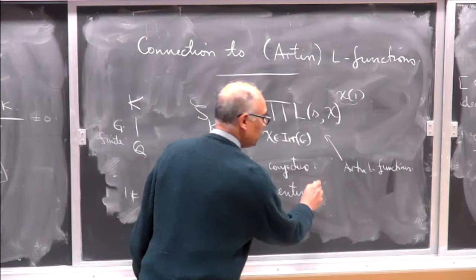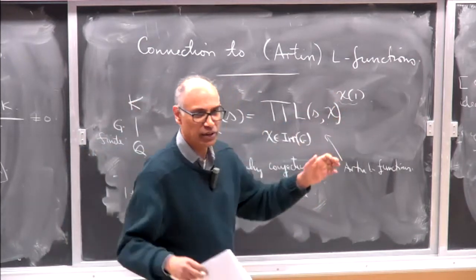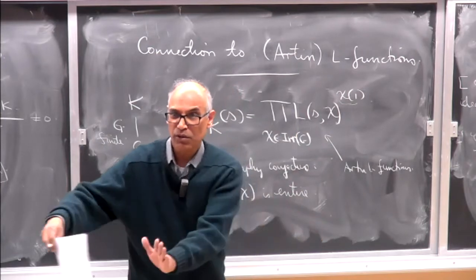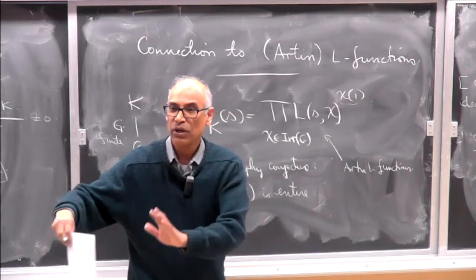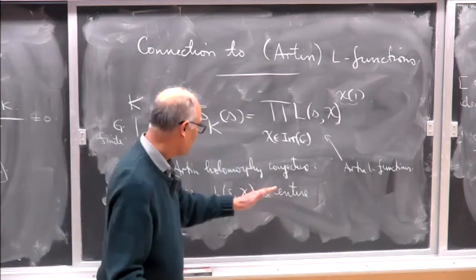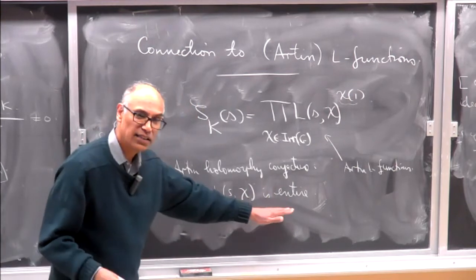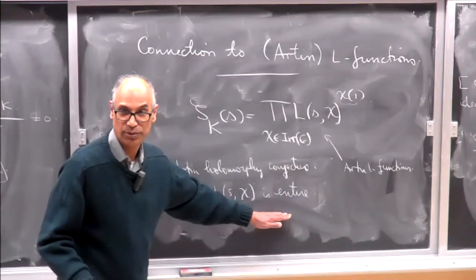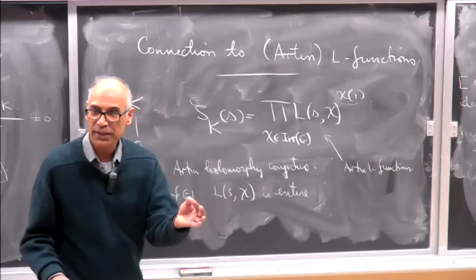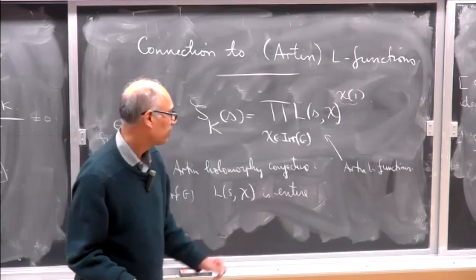In other words, has a continuation. Again, as usual, these things are defined by an Euler product. And for real part of s bigger than 1, they're absolutely convergent, and so they define a holomorphic function in that half plane. The conjecture is that they can be extended for all s, again, as an entire function. You don't acquire any poles. Unlike the zeta function, which acquires a pole at s equals 1, these L functions stay entire, no pole.